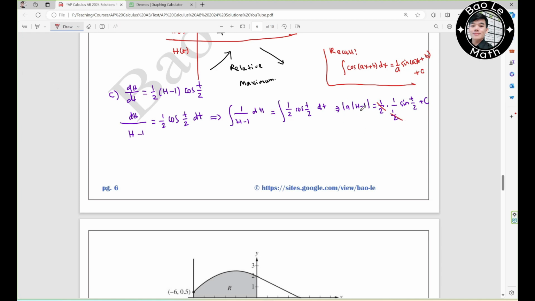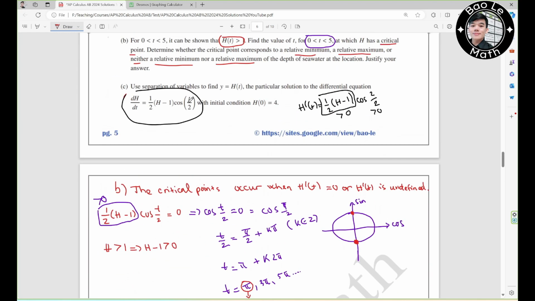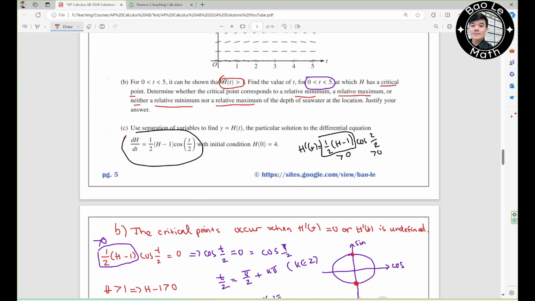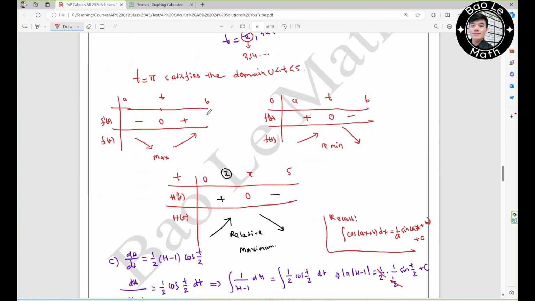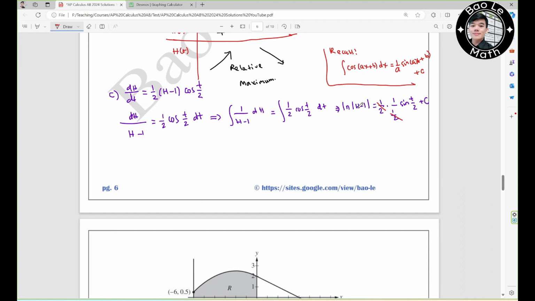Now, remember we have the condition right here, h of t is greater than 1 for every t between 0 and 5. So h of t is greater than 1, which means h minus 1 is greater than 0. So we need to remove the absolute value.